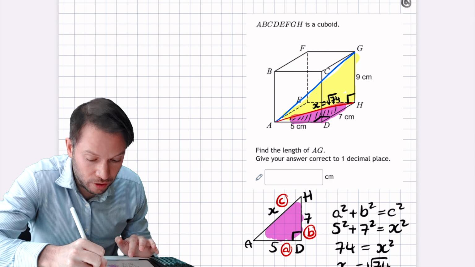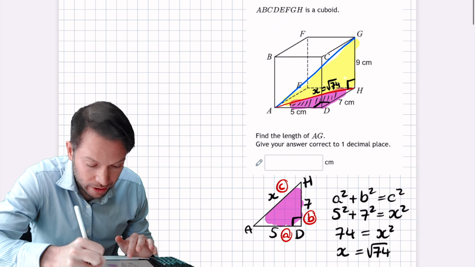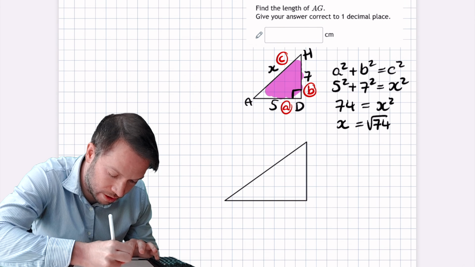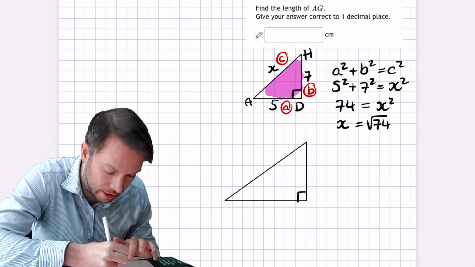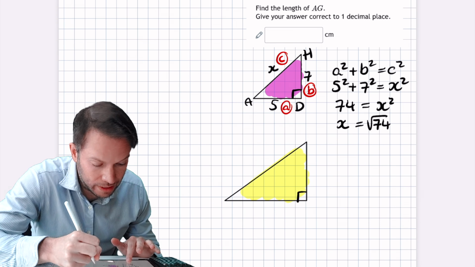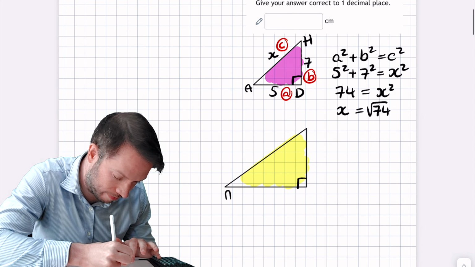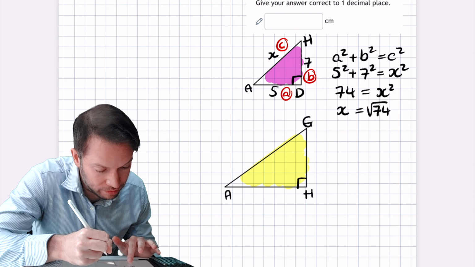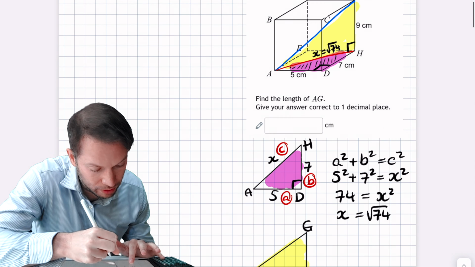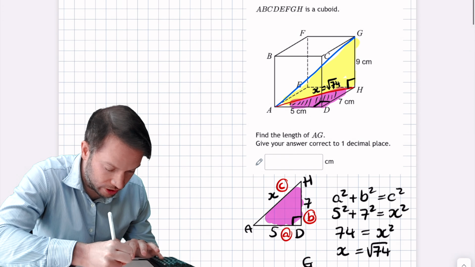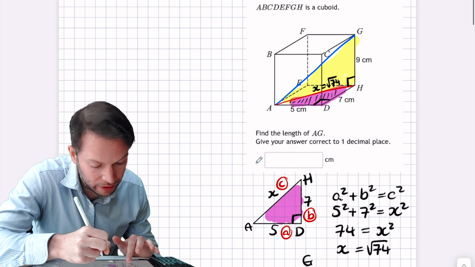Now we can focus on the yellow triangle. If we draw that separately, let's highlight it in yellow, that involves A, H, and G. What are the lengths here? We've got root 74 at the bottom, and we've got the 9, which is GH. We're trying to find the length of AG.